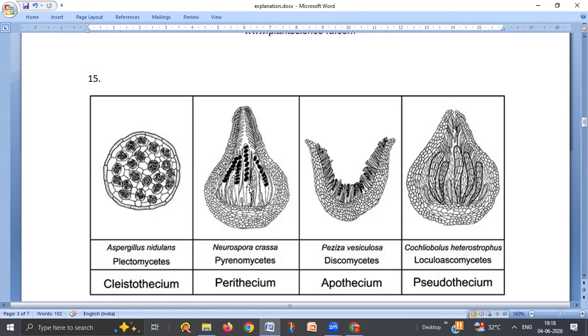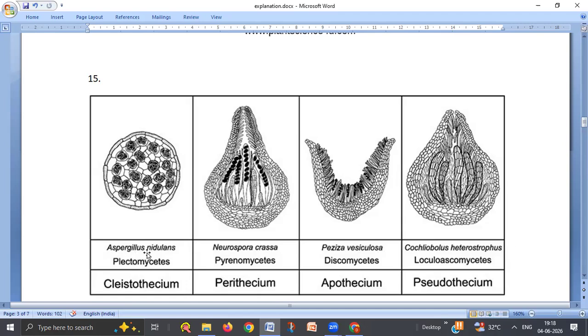Perithecium and pseudothecium, these two are flask-like structures. And apothecium is a saucer-like or cup-like structure. These are very important with respect to competitive exams. Most of the times they ask about cleistothecium, perithecium, apothecium, pseudothecium. So you must read these in your textbooks. Okay, so you must read different kinds of fruiting bodies.